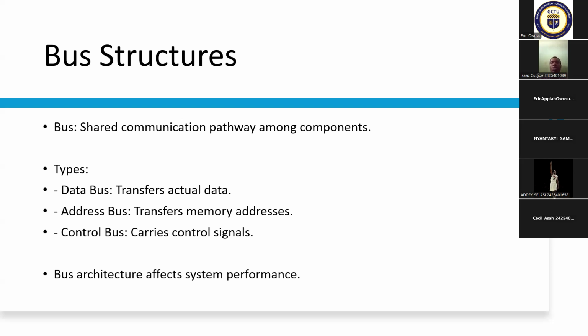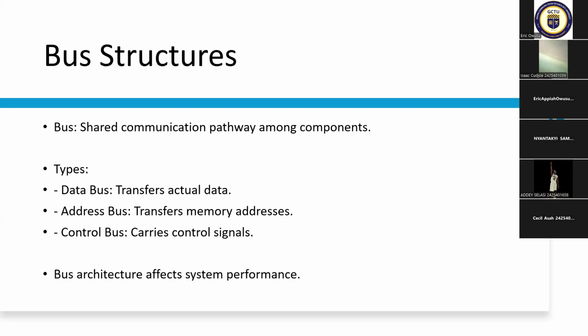Why does bus structure matter? It directly influences system speed and performance. Efficient bus systems reduce CPU wait times and improve communication between hardware components. Bottlenecks in bus design can significantly limit overall throughput, especially in high-performance systems.